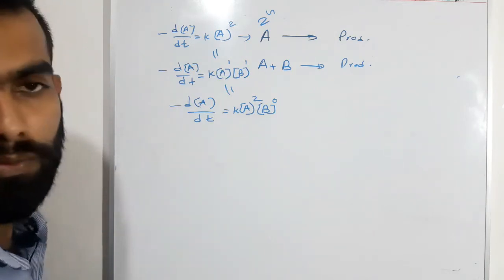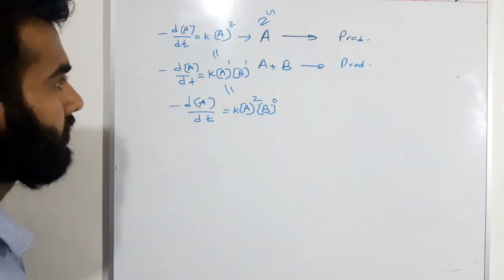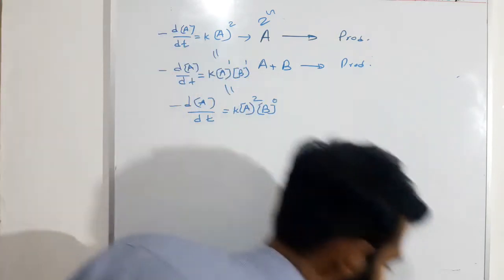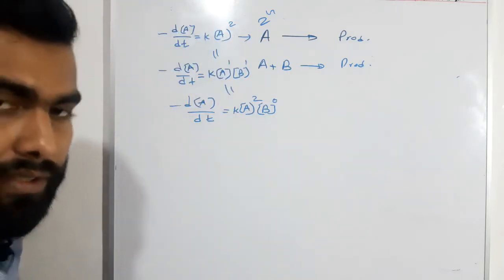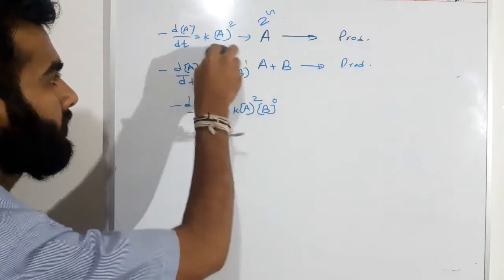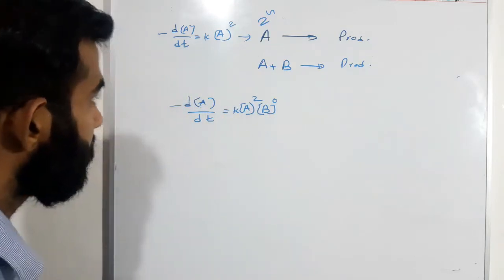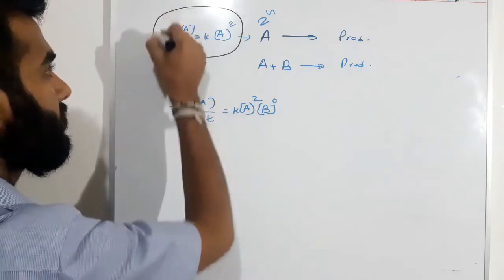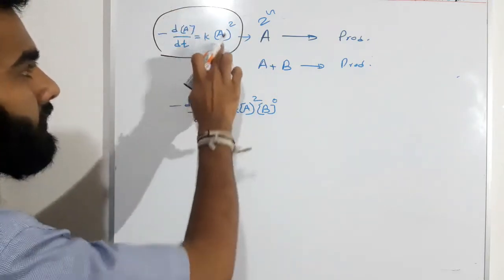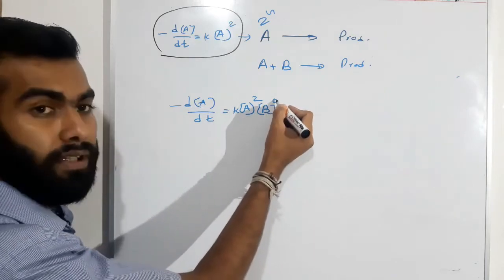We can write down these integral forms. I will choose this first or this third equation. Here it is already second order. Here also, with respect to B, the order will be 0.